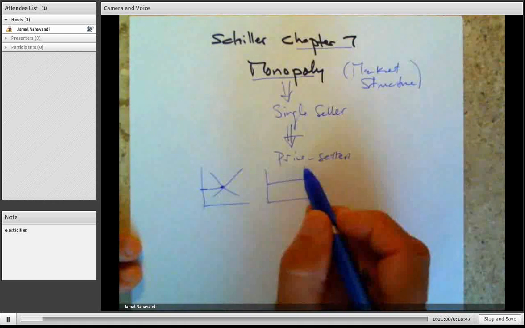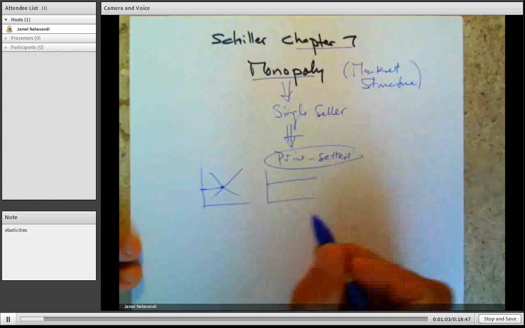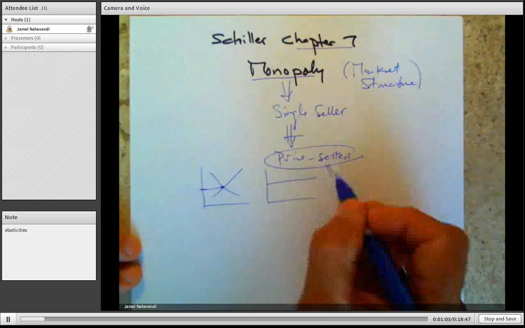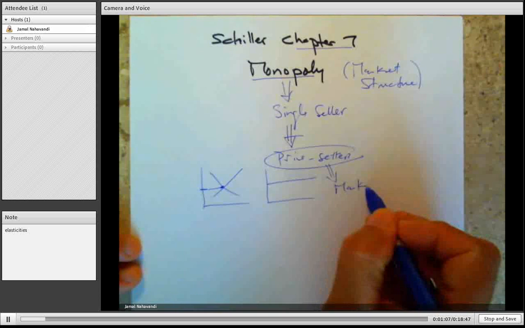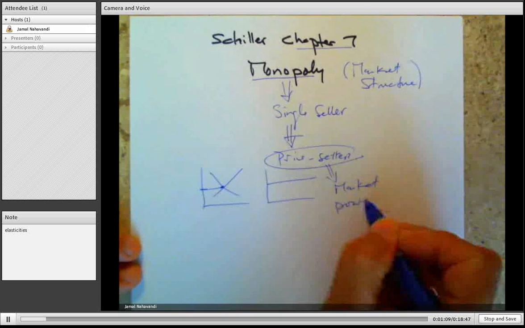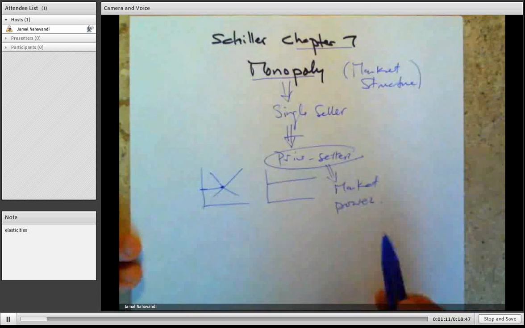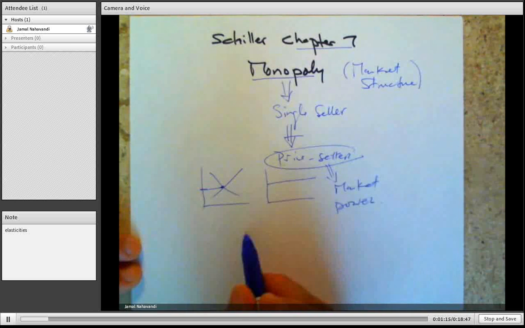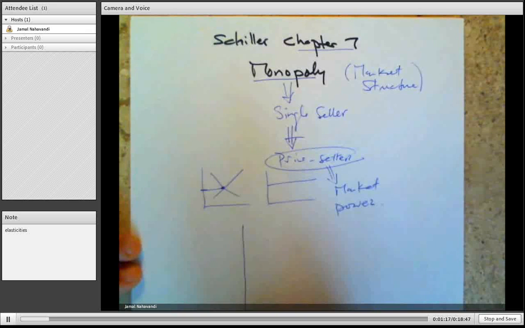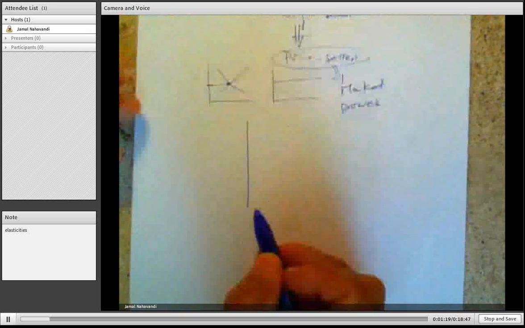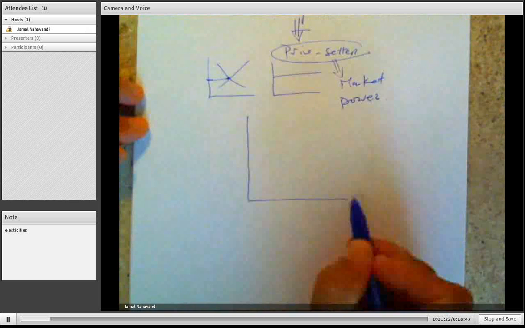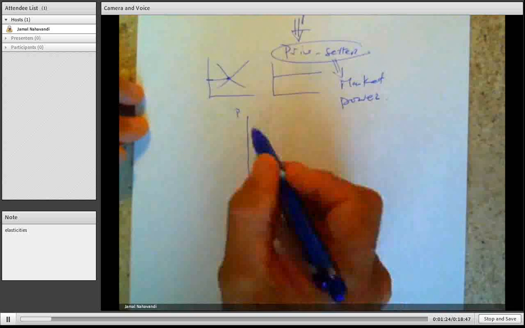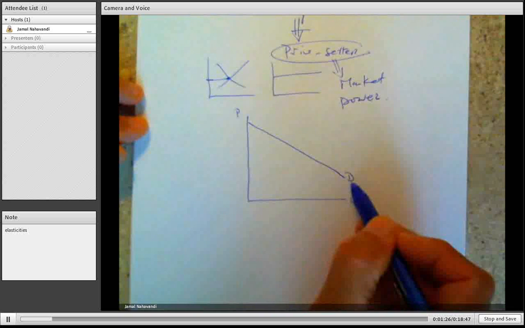And so given that it is a price setter, it means that it has market power. And any firm that has market power is faced with a downward sloping demand curve. Quantity and price, the demand curve is downward sloping.